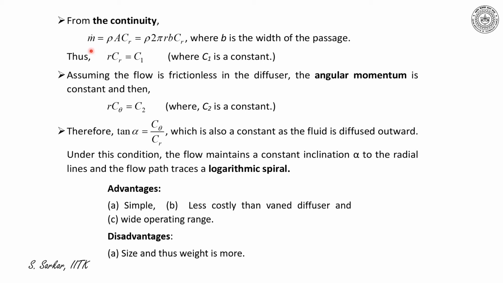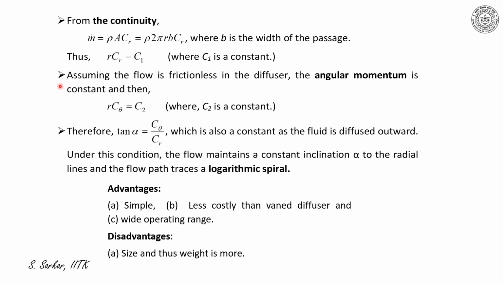Thus, from this equation, m dot is equal to rho into twice pi r B into CR, I can write R into CR is approximately a constant number, which has been indicated by CO1.